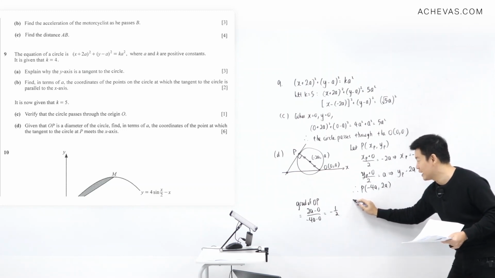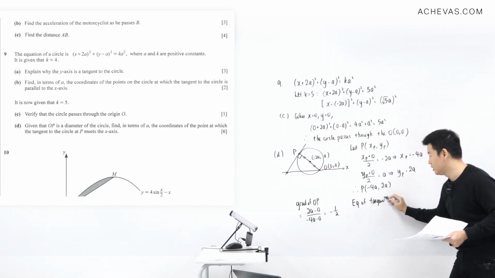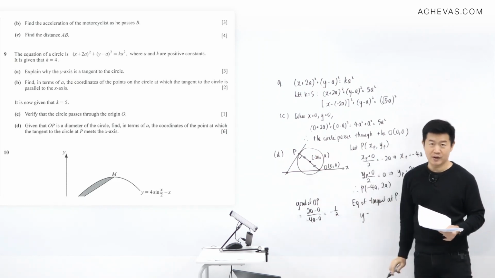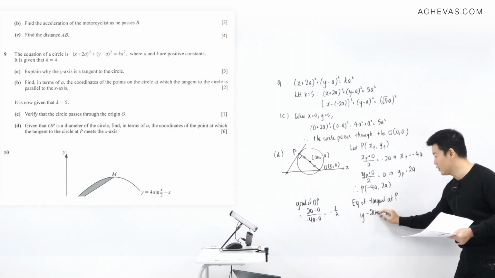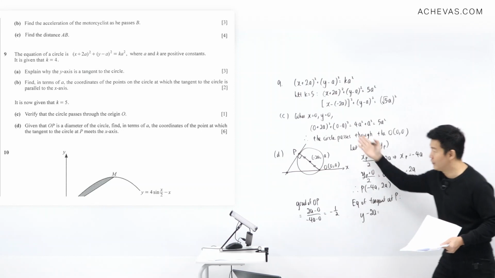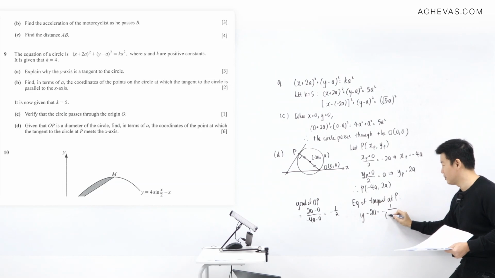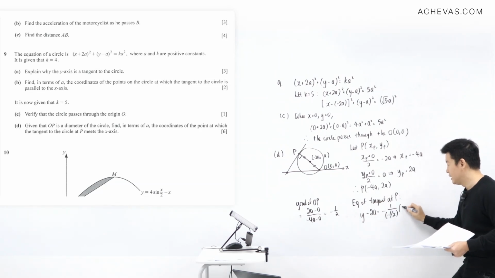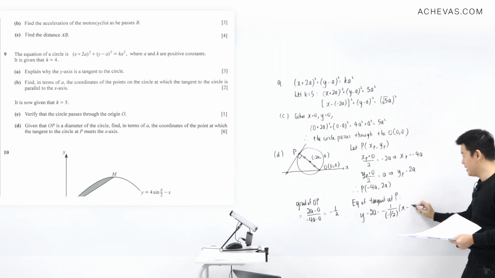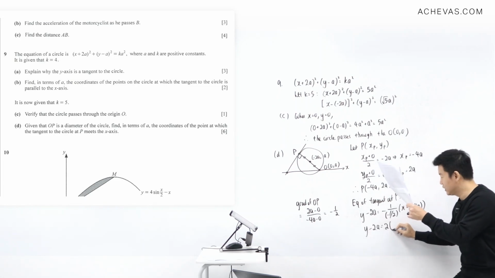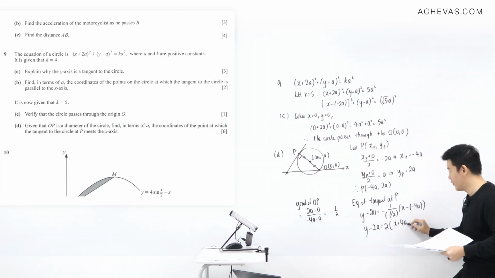From this, we can now come up with the equation of the tangent at point P. That will be y minus the y coordinate of P, so y − 2a, is equal to the gradient of the tangent, which is 2, times x minus the x coordinate of P, so minus −4a. So we have y − 2a = 2(x + 4a).